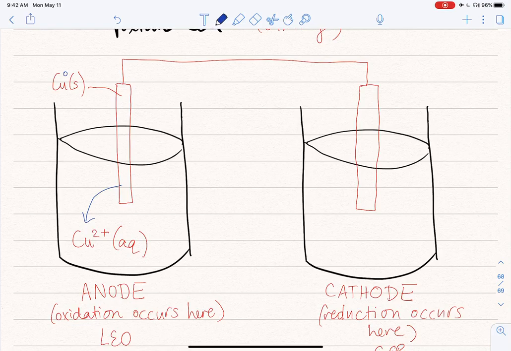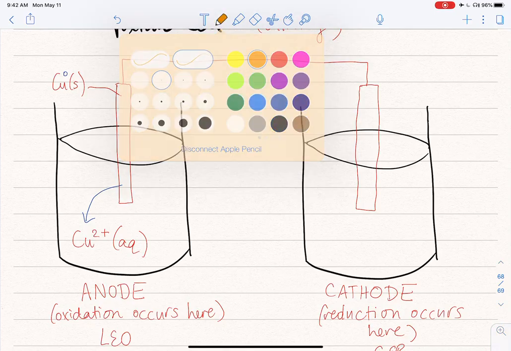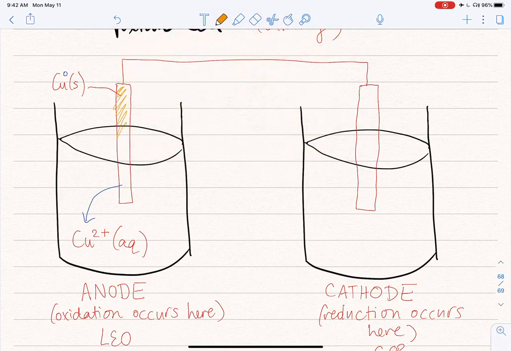So oxidation occurs at the anode. That means that the copper 0 in the electrode, which I'm going to color in a coppery color so you can imagine that this is your copper electrode, gets oxidized, releases the Cu2 plus in solution, and also releases electrons.